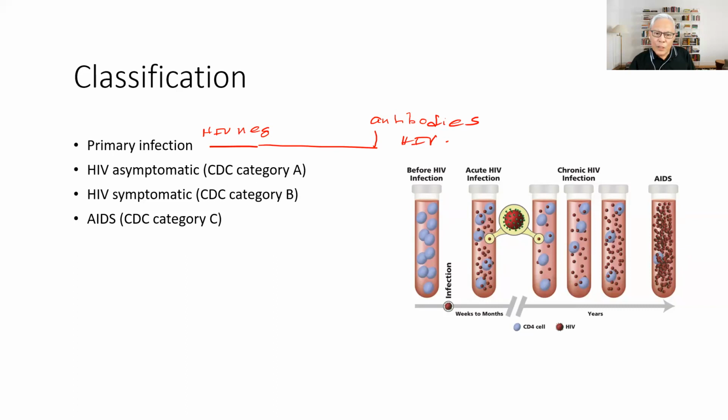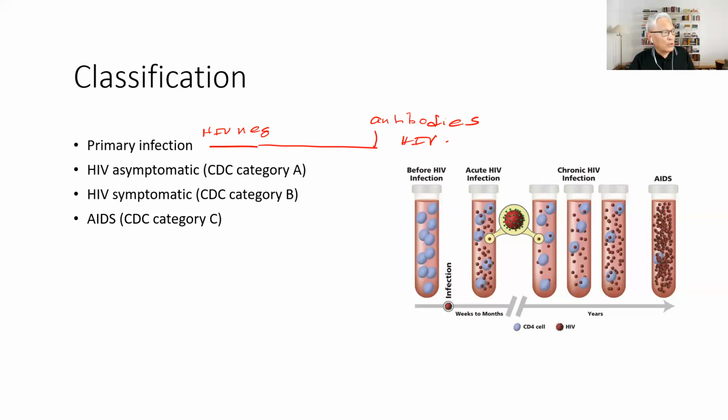All right. So the next stage is going to be your HIV asymptomatic, meaning that after the viral set point is reached, HIV positive people now enter into a chronic stage in which the immune system cannot eliminate the virus despite its best effort. So that's the asymptomatic stage.